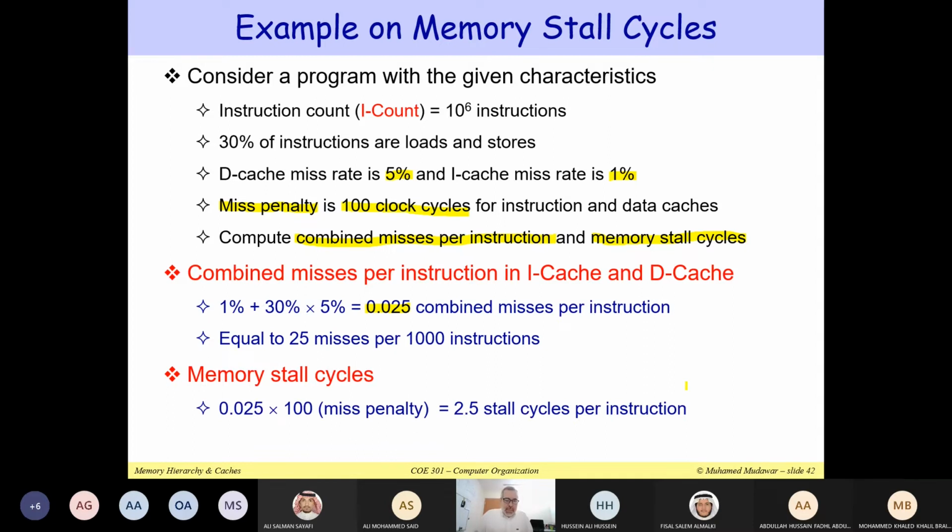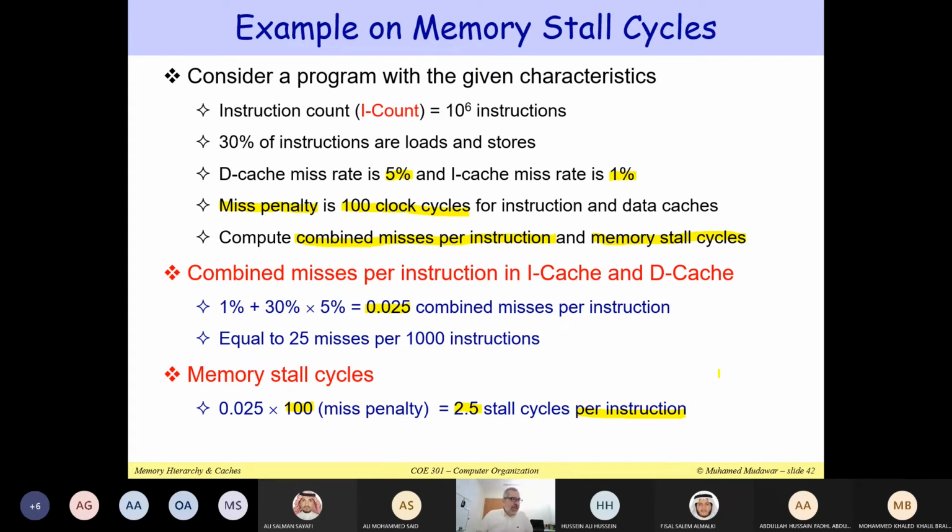Right. So here we multiply the 0.025 by 100. Even though the combined misses per instruction is really small, when we multiply it by 100, the miss penalty, that's a high miss penalty. You get 2.5 stall cycles per instruction, as if each instruction is stalling the CPU by 2.5 cycles.